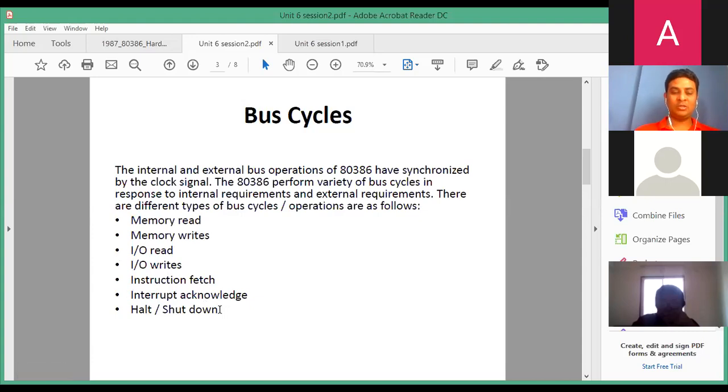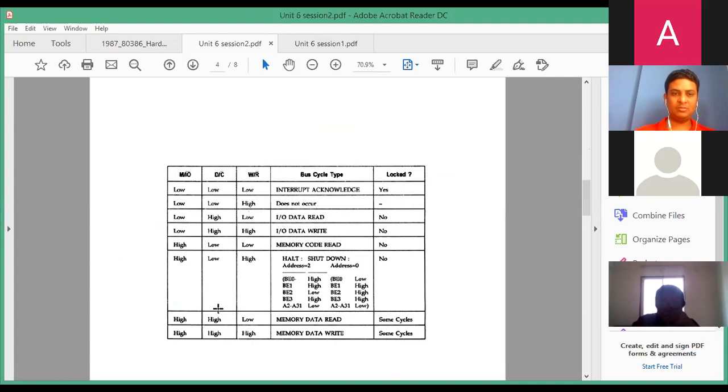Halt or shutdown will be in the case of restart maybe, and we'll discuss this further in the next table. The table gives us insight regarding when these operations can be performed.